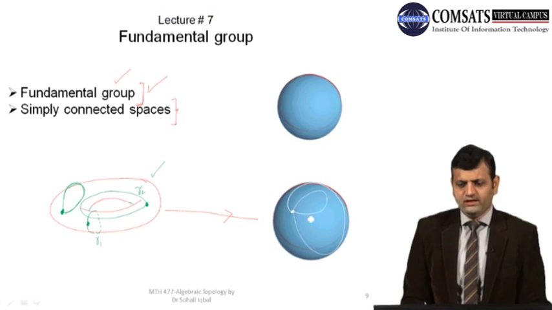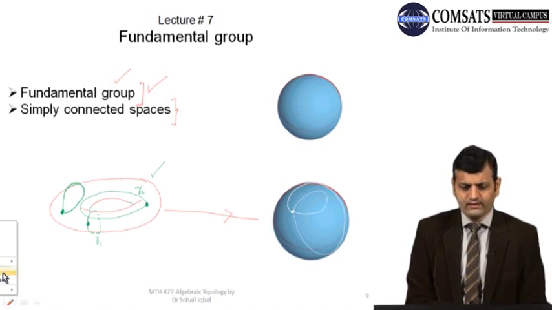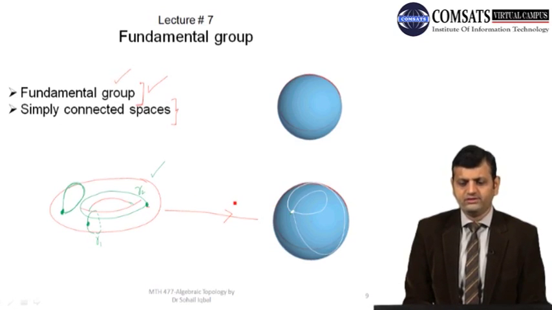So in other words, the fundamental group is trivial in this case, and we can also see that this sphere is path connected, so it is a simply connected space. So that's how we can differentiate a torus from a sphere by just looking at loops. That's one of the important things.